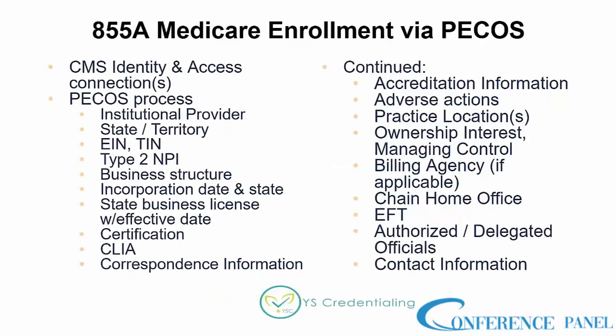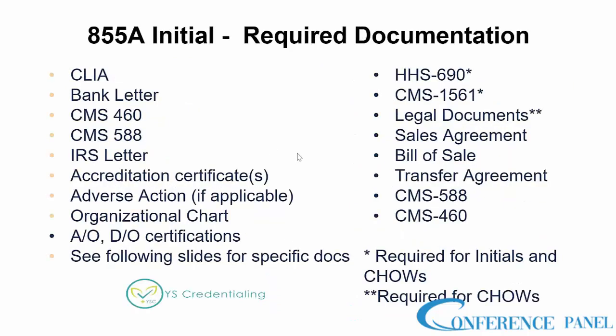So your 855A Medicare enrollment via PECOS. So you start with that CMS Identity and Access connection. So an institutional provider, these are all the pieces that are required. The documentation, the CLIA, if there's a CLIA included with that, the CMS 460, which is a participation form from CMS, accreditation certificates if they've gone through any adverse action.